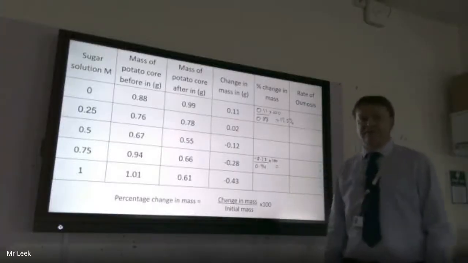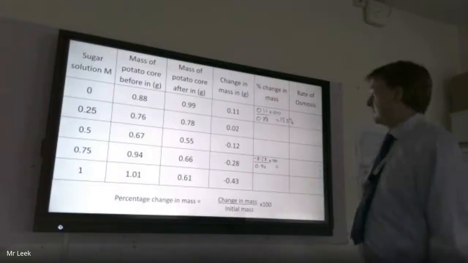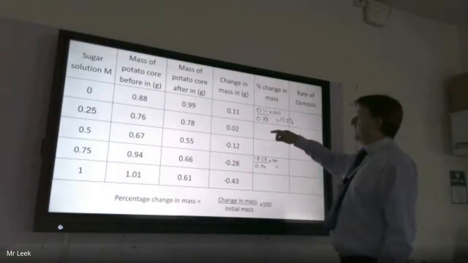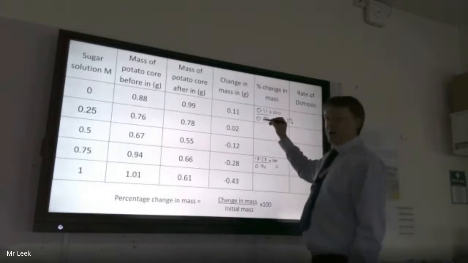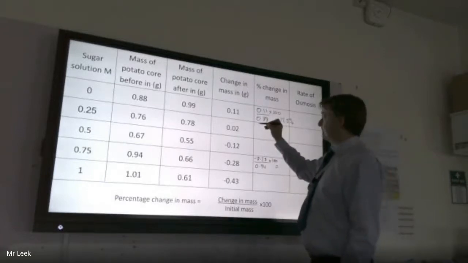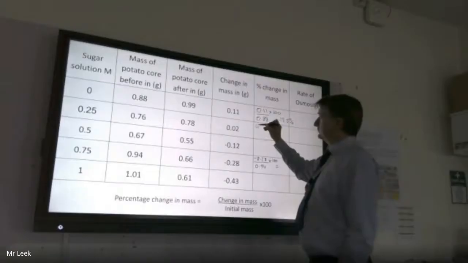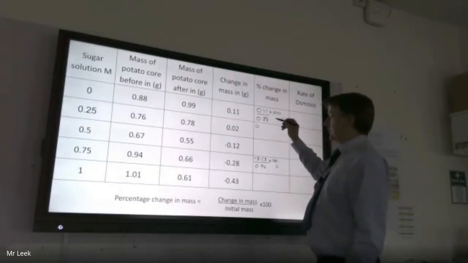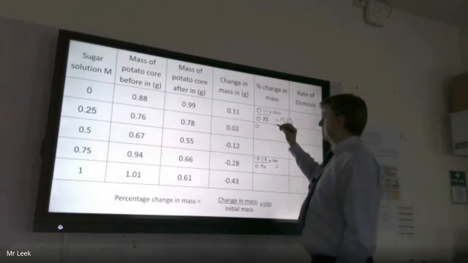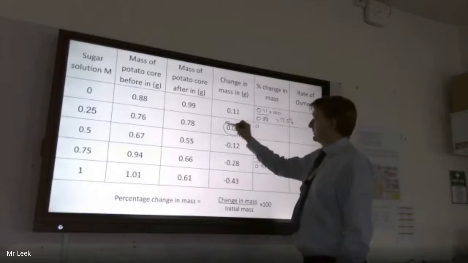So this second one down here, the one that's 0.02, tell me what I'll write. What's my sum that I actually write? So what's the change in mass? Would you times it by 0.02?